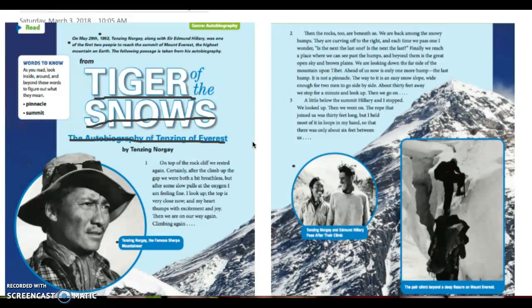You need to identify clue words. You have about 30 more seconds to talk with your group.